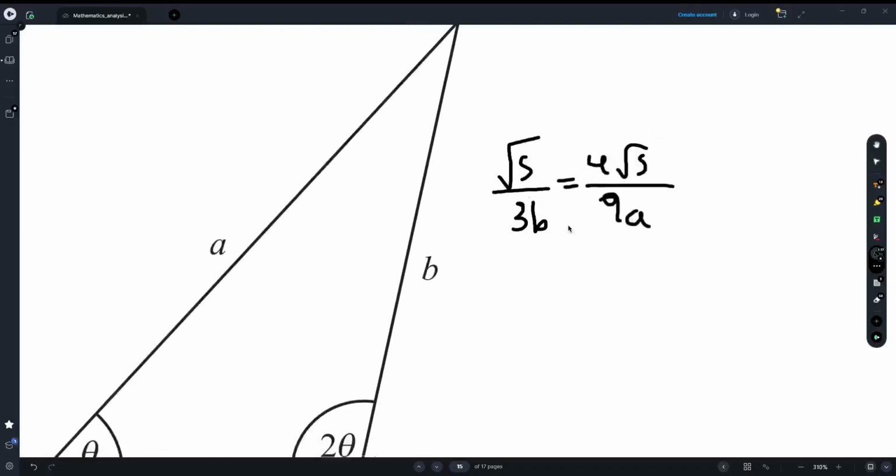Now we can simplify it by dividing both sides of the equation by root 5 over 3. So 1 over b is equal to 4 over 3a. And then we can reciprocate both sides to get b equals 3a over 4.